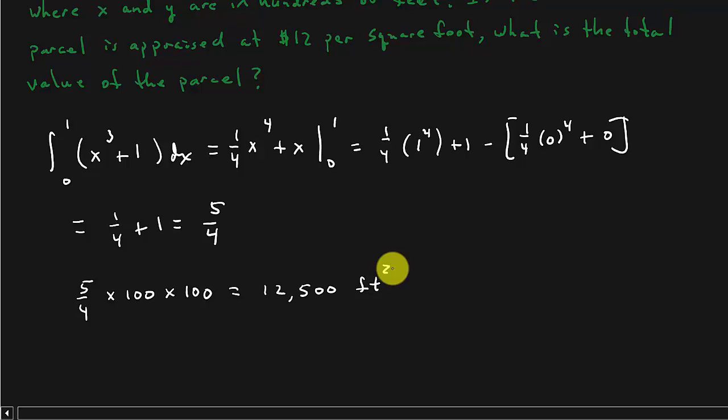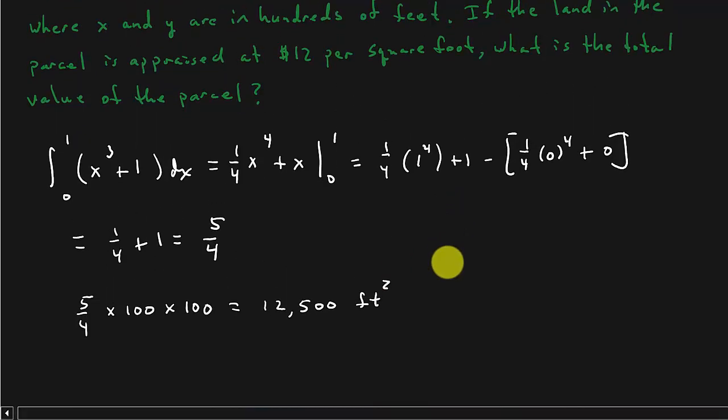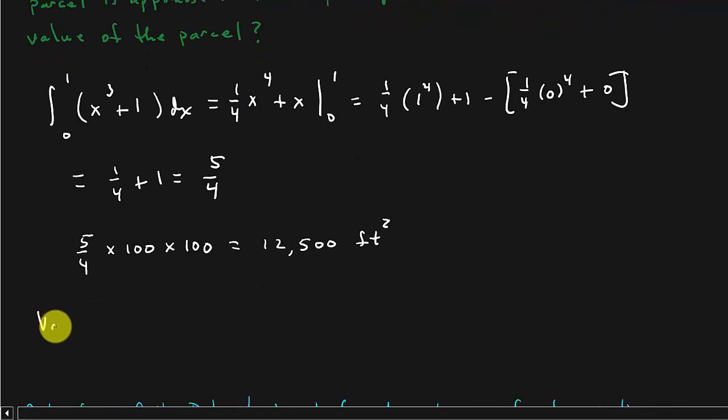And so if we want to find the value, the value is equal to $12 times 12,500, which is going to be $150,000.